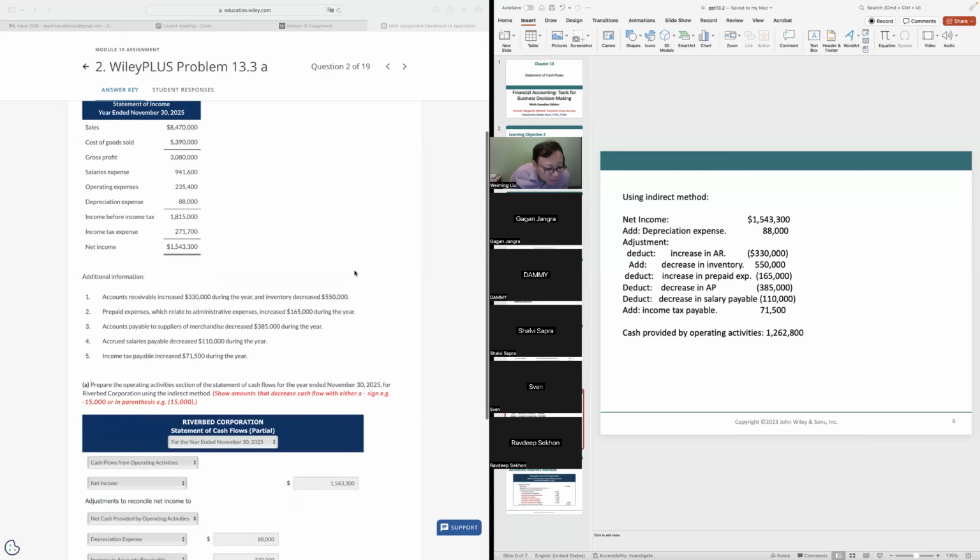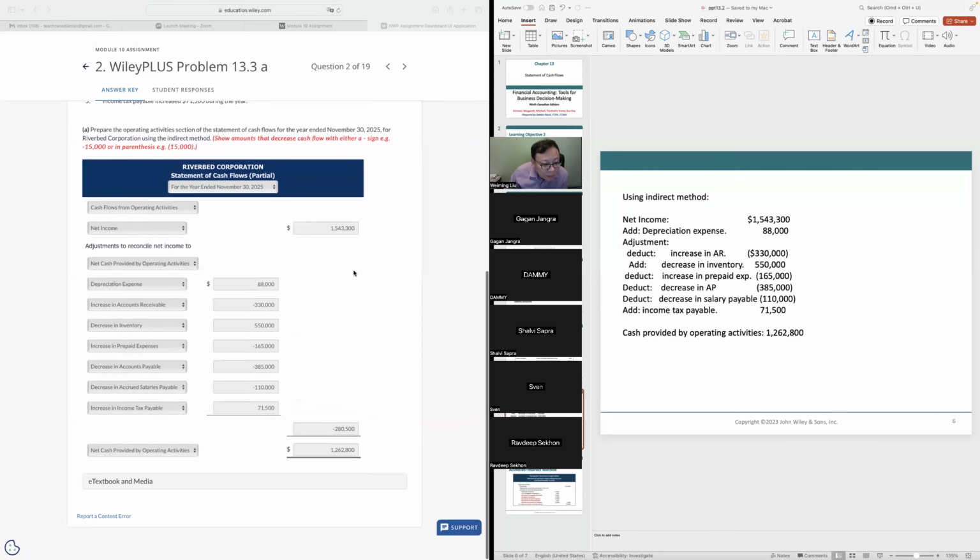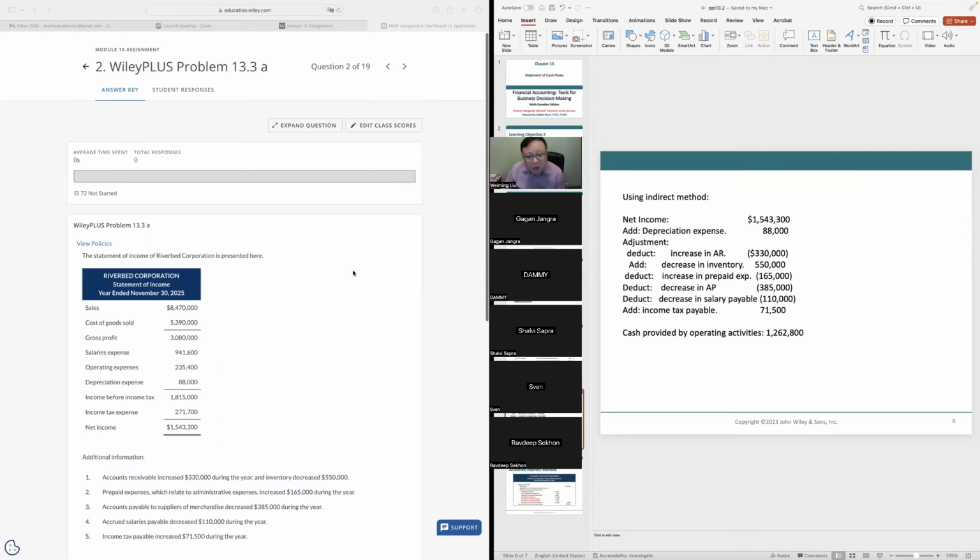So that's this question. So you just have to think about the change in accounts in current assets, right? If the current asset increases, you have to use cash. If your inventory increases, you use cash to buy inventory, right?